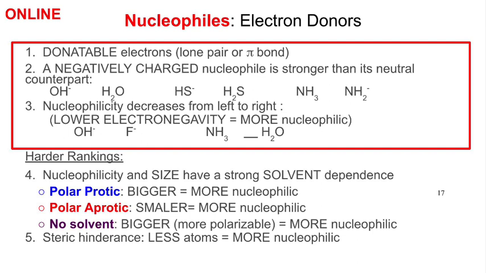However, there is a massive solvent dependence. What do I mean? You can take a large nucleophile and it will be a weaker nucleophile than a smaller one, or it can be a stronger one than a smaller one, depending on what solvent you're in.